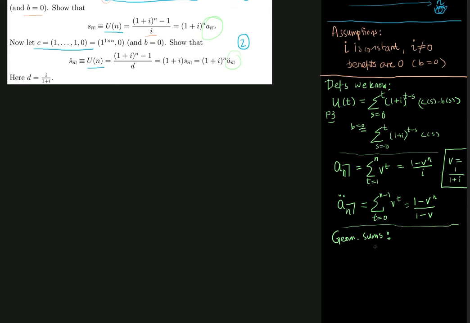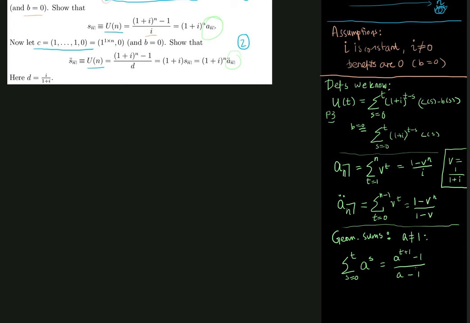For a different from 1, the sum of a to the power s, for s ranging from 0 all the way up to t, has the value a to the t plus 1 minus 1 divided by a minus 1.